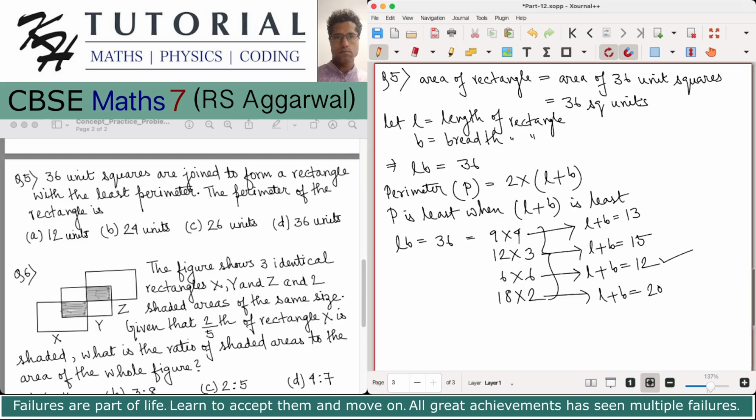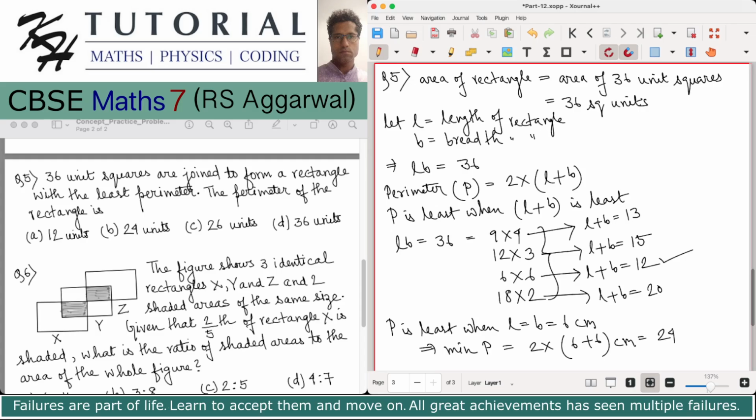So certainly 12 is the minimum value of L plus B, and hence the least perimeter. P, that is the perimeter, is least when L is equal to B is equal to 6 units. So the minimum perimeter is equal to 2 into (6 plus 6), which is equal to 24.